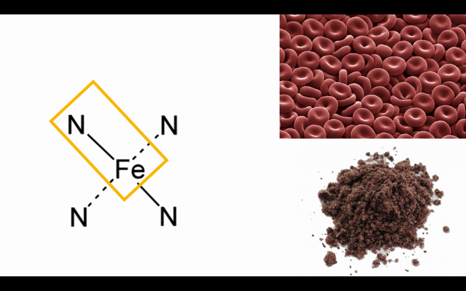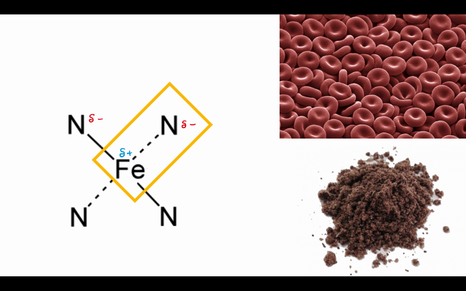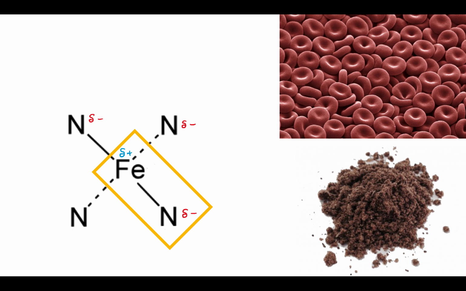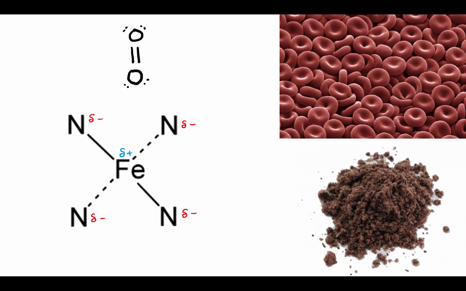And on each of these bonds, just like we saw, the nitrogen is slightly negative and the iron is slightly positive. And so iron is really slightly positive here. And it's that slight positive charge that attracts the electrons on a molecule of oxygen. And that makes the oxygen stick to the red blood cell and allows the red blood cell to carry it around your body.